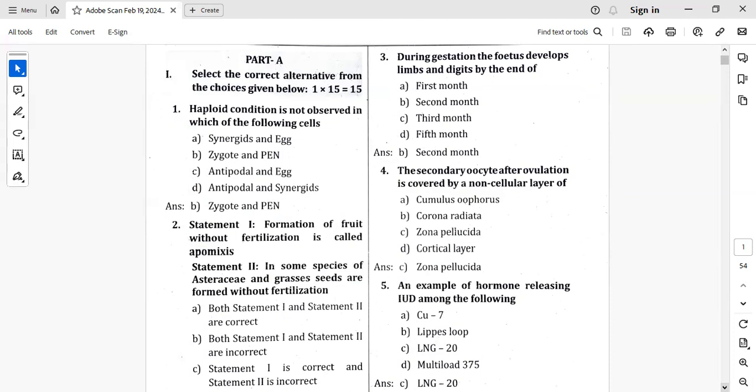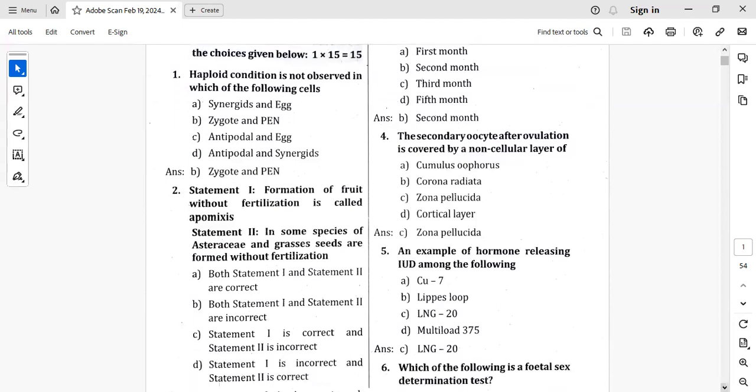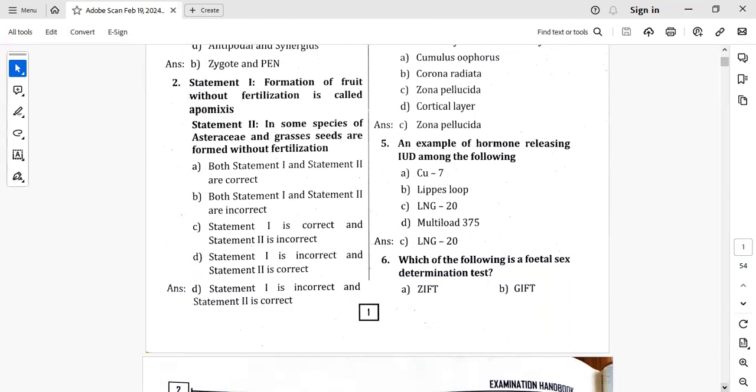After ovulation, the secondary oocyte, also called the egg or ovum, is covered by the zona pellucida. Okay, moving on. An example of a hormone-releasing IUD among the following: this is a straight NCERT line and is asked very frequently. The straight answer is LNG-20.